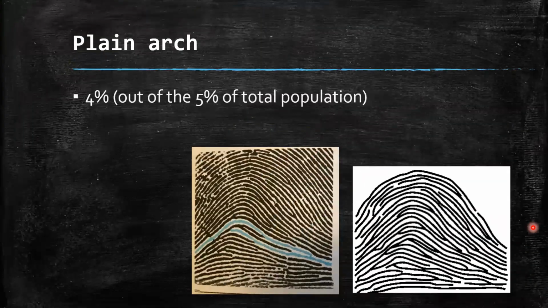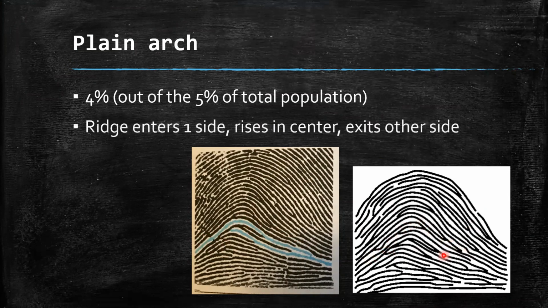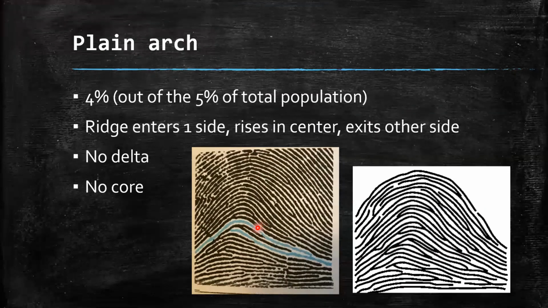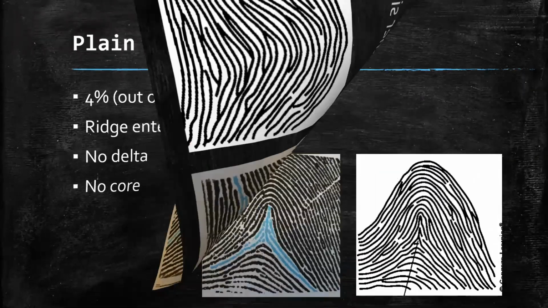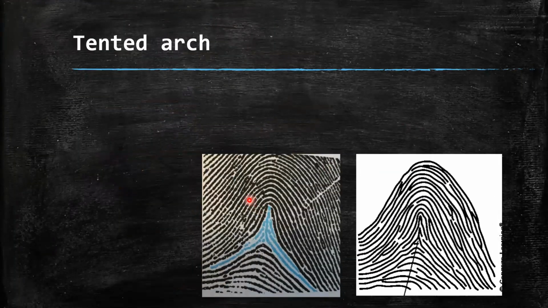So a plain arch is just where you have a gentle rise and fall. Kind of looks like a little hill or a little mountain. A gentle rise and fall. Plain arches do not have any deltas or cores. There's no triangular pattern happening here. It's just up and down. So the plain arch has no deltas, no cores. The tented arch is the same style.